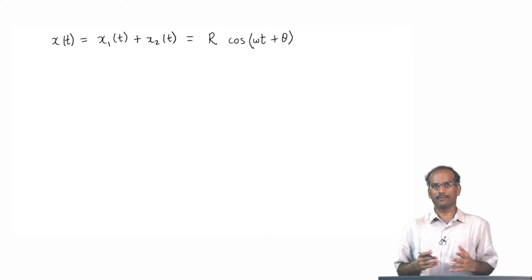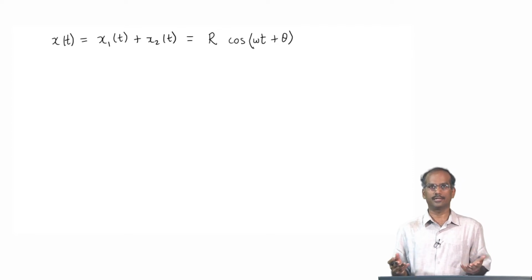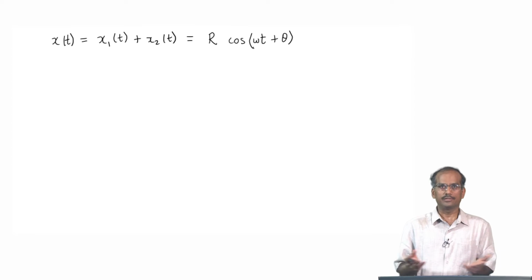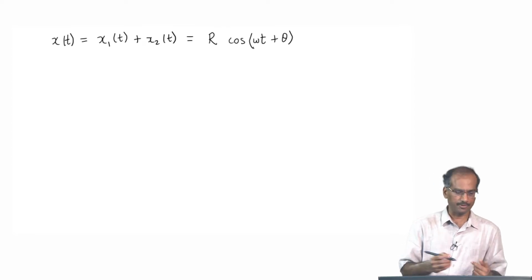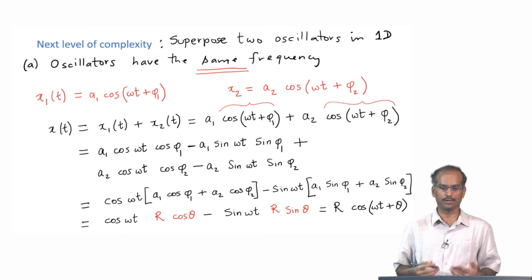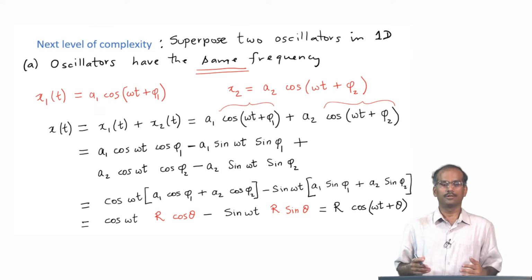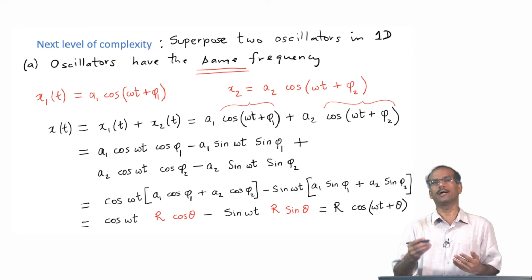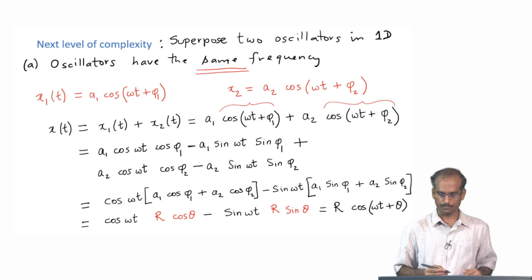So, clearly I have now got two different constants r and theta, which at this stage I do not know what they are. They need to be determined from the properties of the original oscillations. In other words, these two new numbers r and theta should somehow be related to A1, phi 1 and A2, phi 2.